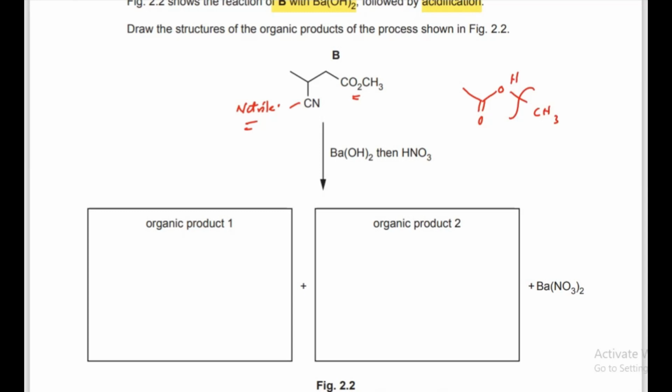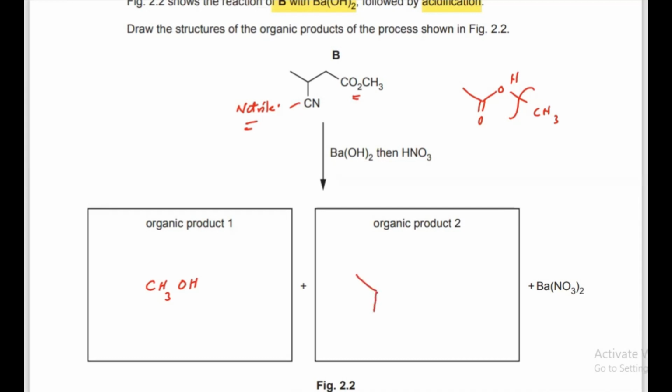So from this part, we will get CH3OH alcohol, and then the rest of the part here, the nitrile is also oxidized to carboxylic acid, and here we'll also get the carboxylic acid.